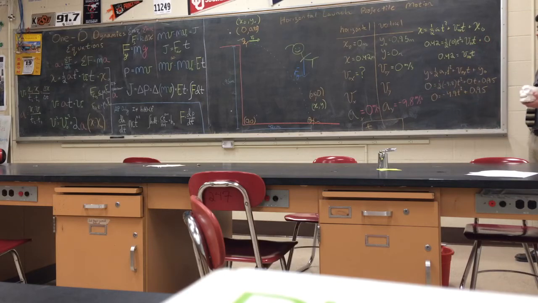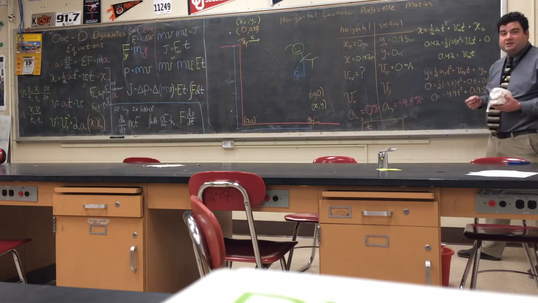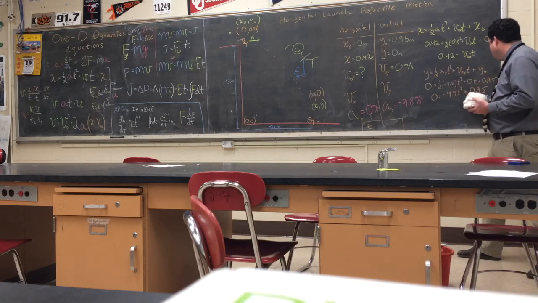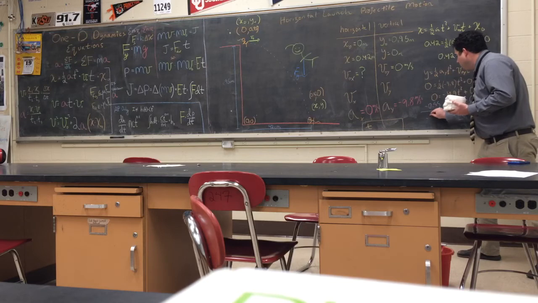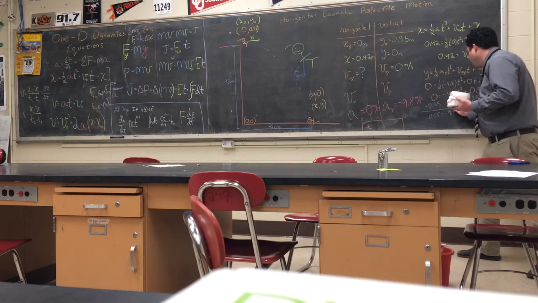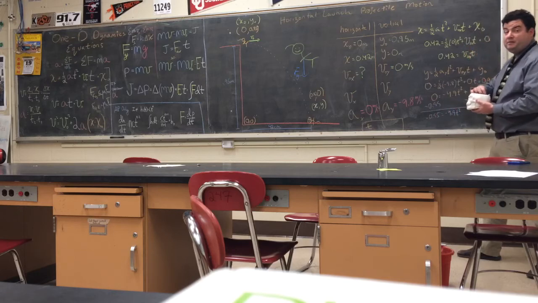So I'm just going to work this down and solve it. I am going to go through the algebra steps to do it. There are some students who are having some trouble with algebra. So we're going to subtract 0.95. That gives us minus 0.95 is minus 4.9 t squared. We divide by minus 4.9.